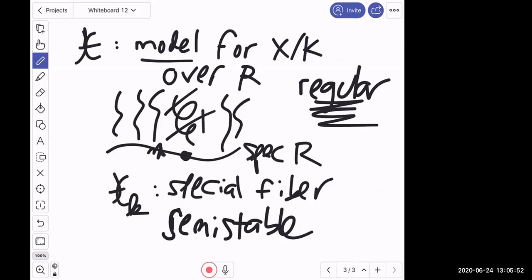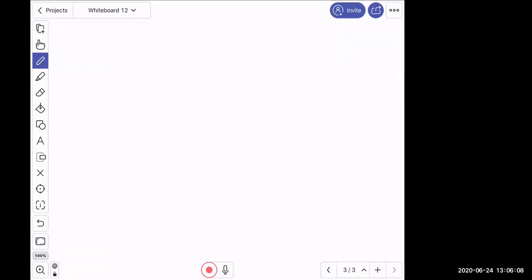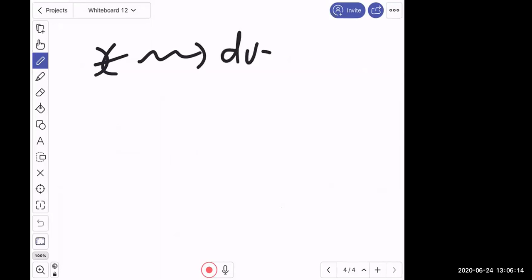In fact, I want it to be strongly semi-stable at the moment, which means I don't allow self-intersections like I drew in that singular fiber where I had little loop-de-loops that intersected themselves. I don't want that. Okay, and from this, we can cook up a dual graph. So this semi-stable regular model gives rise to a dual graph. Well, last time I just called it a graph, but it's the dual graph of the special fiber.